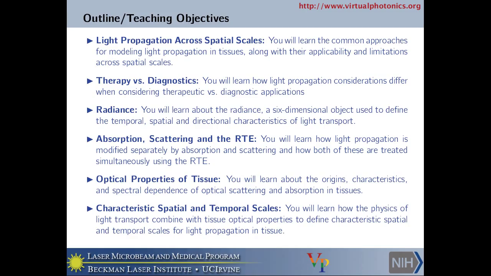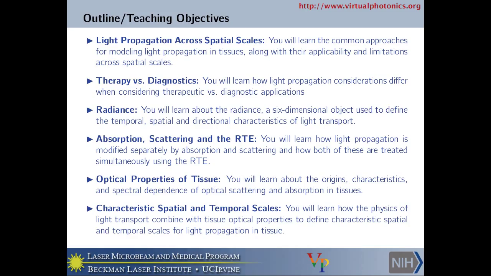Then within a radiative transport context, we're going to introduce something called the radiance, which is the primitive quantity that is the solution, in a sense, of the radiative transport equation. It is a six-dimensional object, which comprehensively defines the temporal, spatial, and directional characteristics of light transport. And we'll talk about how that can be derived and how that can be manipulated.